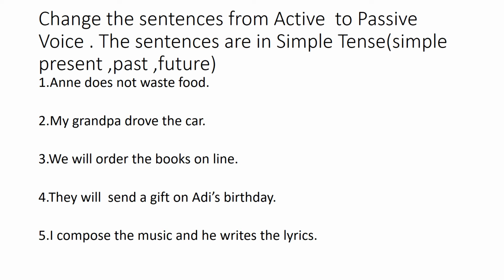Let's go to the fifth example. I compose the music and he writes the lyrics. In this sentence, we have I and he as subjects, lyrics and music as objects, compose and write verbs in simple present tense, changes to is, am, are plus verb 3, also called past participle.